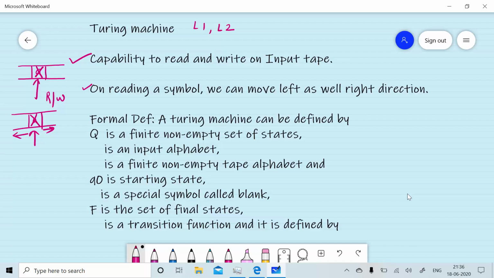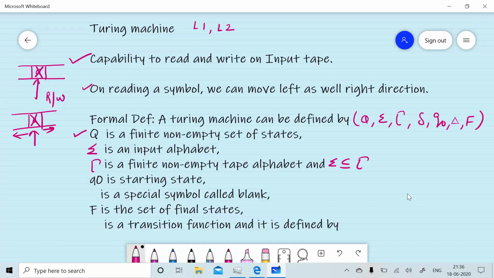A Turing machine can be defined by Q, sigma, tau (tape symbols), delta (transition function), Q0, blank symbol, and F, where Q is a finite non-empty set of states, sigma is an input alphabet, tau is a finite non-empty set of tape alphabets, and sigma is a subset of tau.